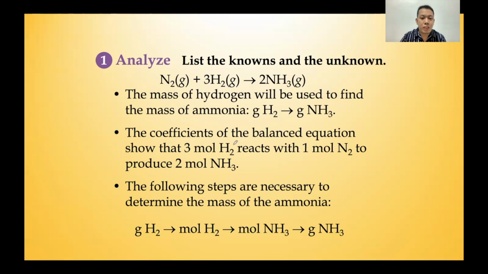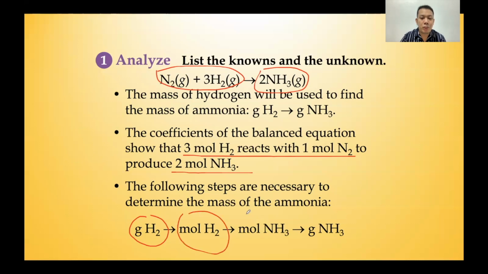This one, 3 mole of H2 reacts with 1 mole of N2, producing 2 mole of ammonia. So we have the following steps that you should follow. First is the gram of H2, which is the given. Then the mole of H2, then mole of ammonia, and then gram of ammonia, or mass of the ammonia.